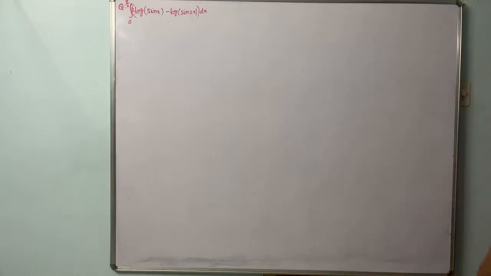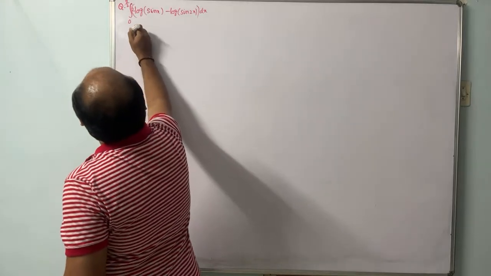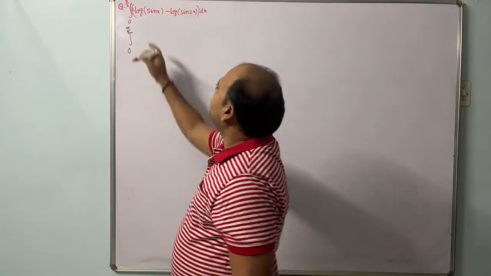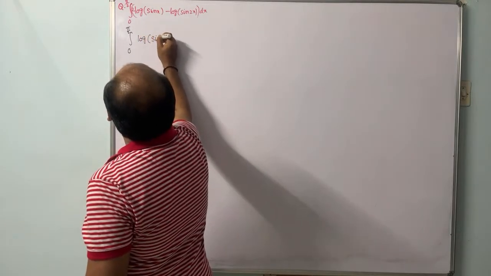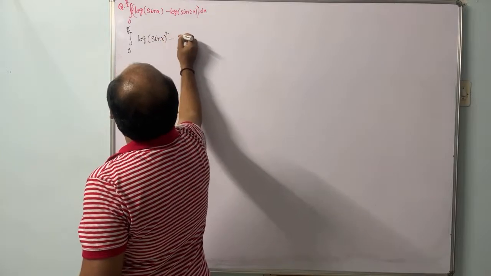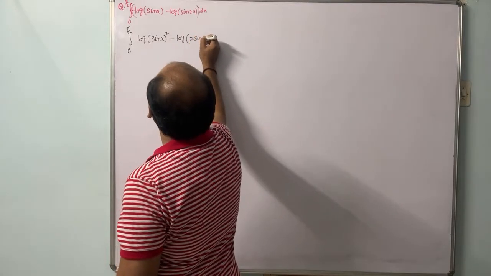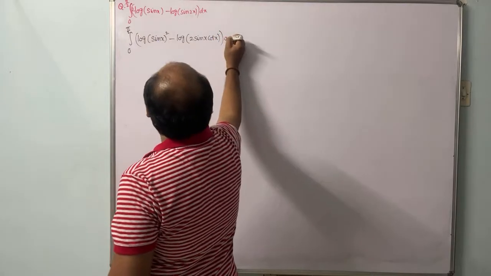So first, what we have to do is first we need to simplify whatever the values are there. Integral 0 to pi by 2, 2 log sin x can be written as log sin x square, minus log sin 2x, 2 sin x into cos x, into dx.